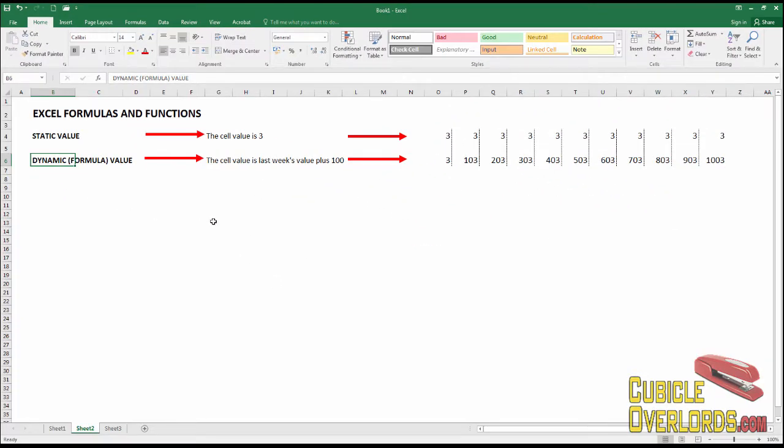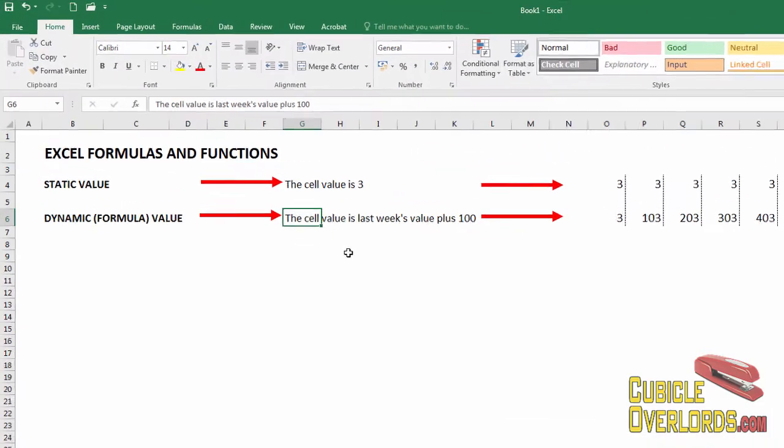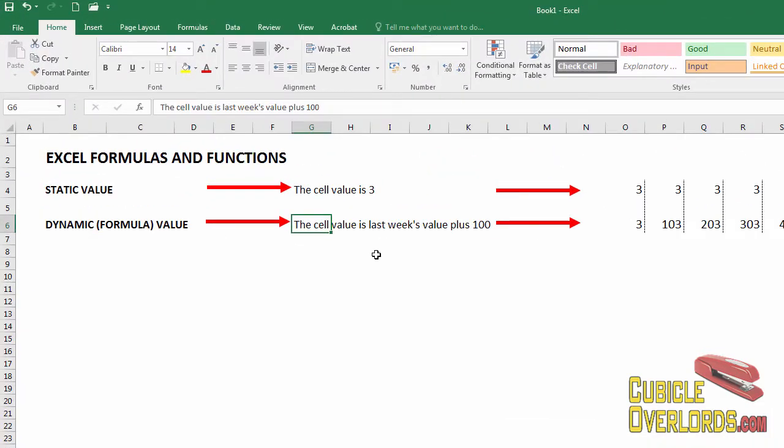Now, a dynamic or formula value is if I give you a mathematical formula or a recipe which tells you how to calculate the cell value based on something else. That's a formula. For example, if I told you the cell value is last week's value plus 100. See, that's a formula. That's a mathematical equation.